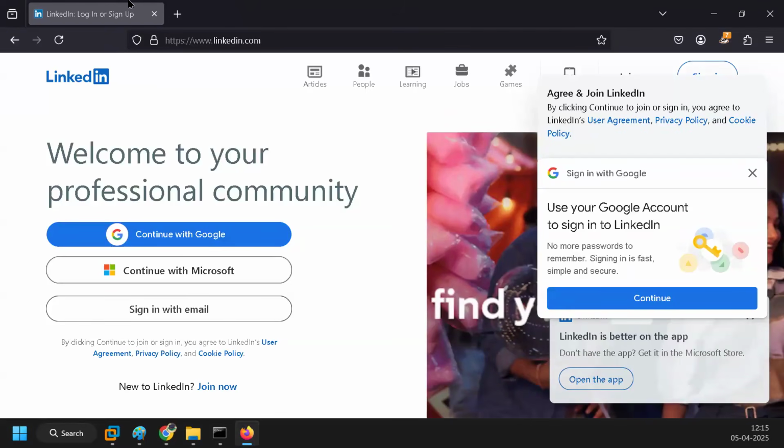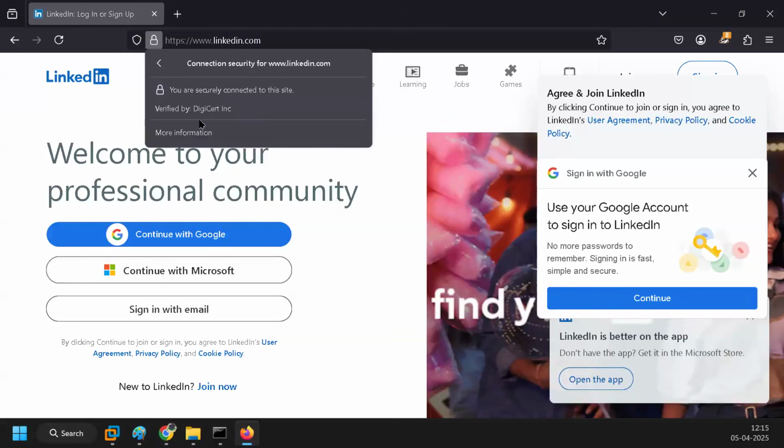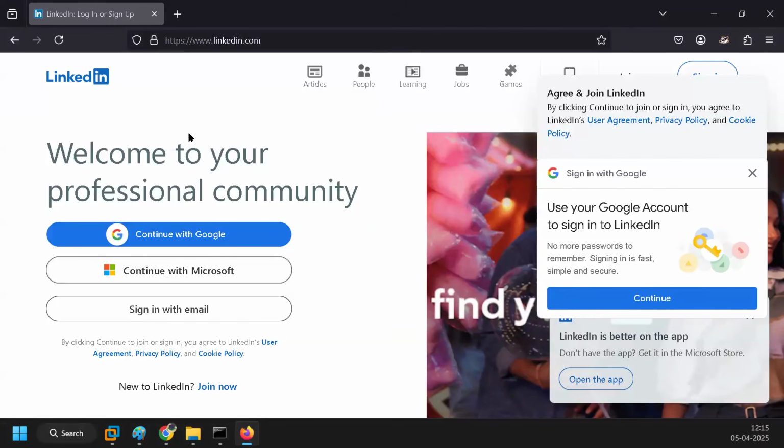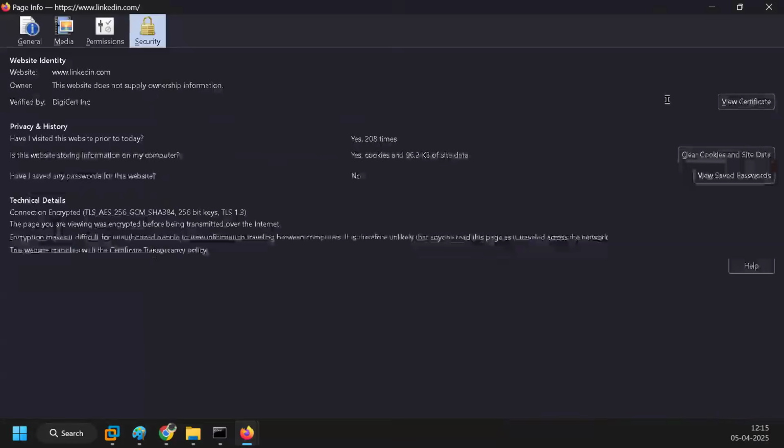Now, on the basis of that, you were talking about the padlock. If I click on it, it says the connection is secure and that it has been verified by DigiCert. Clicking on more information shows the page info.